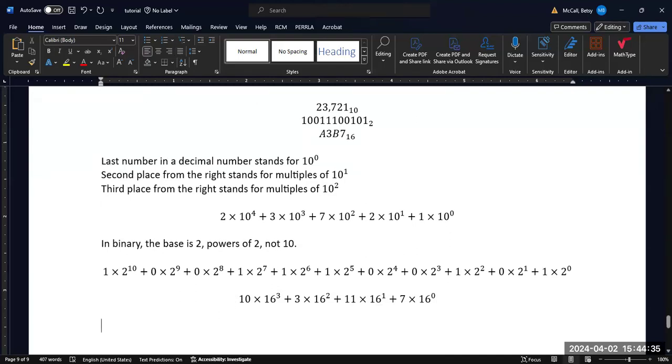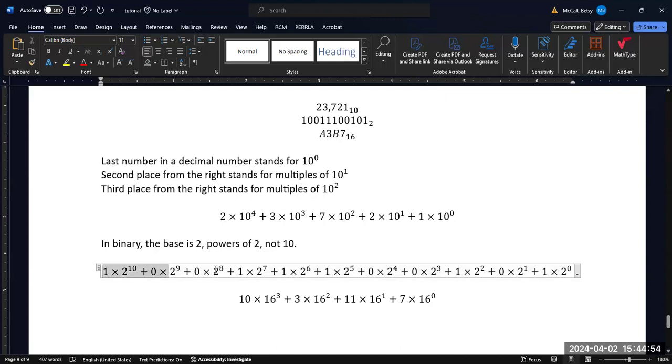Now, for converting back into decimal form, just understanding these digits is enough to figure out how to convert them back into standard decimal notation, because we just need to evaluate all of these individual places and then add them up.